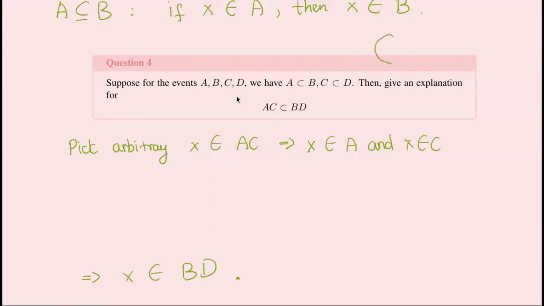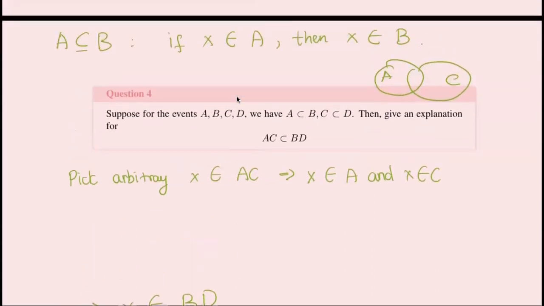Because if you think about it, if X is in AC, which is this part, the intersection, then it means that X is an element of this circle and X is an element of this circle as well, right? And then what can you tell from X is in A and X is in C?